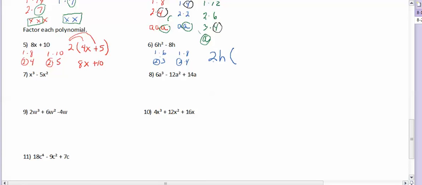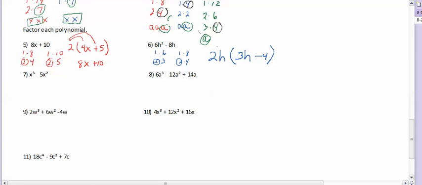And now I ask myself, 2 times what is going to give me 6? I said 3. h times what is going to give me h to the second? That's another h. Then 2 times what is going to give me negative 8? It's going to be a negative 4. And then we already have 1h.